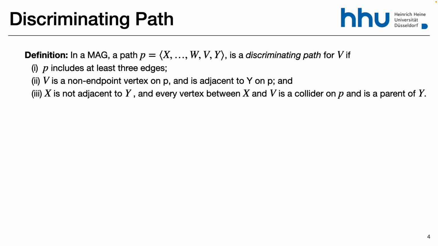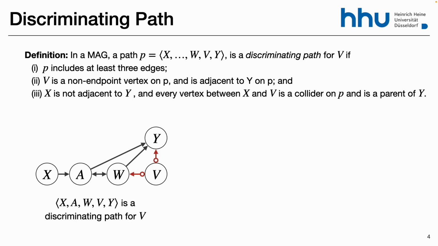We saw that X and Y are separated given some set, and then the variable that we're trying to discriminate is either part of the set or not, depending on whether it's a collider or not. Okay? So X and Y are the pair of variables that we are trying to separate and then discriminate for V. And this is important now: every vertex between X and V is a collider between X and V, okay? And then we are going to see what happens with the Y there.